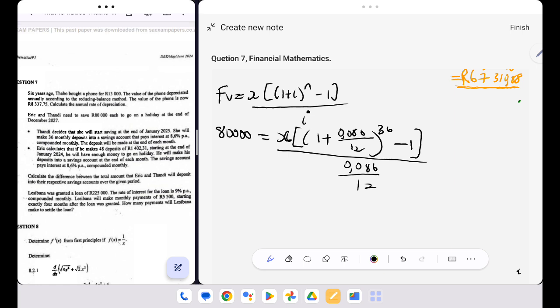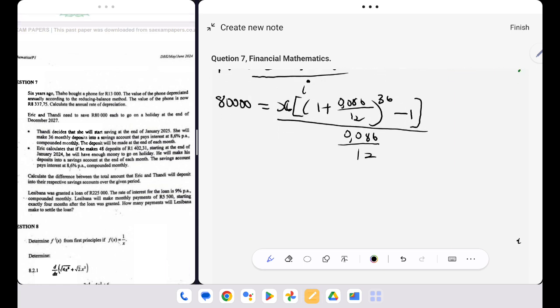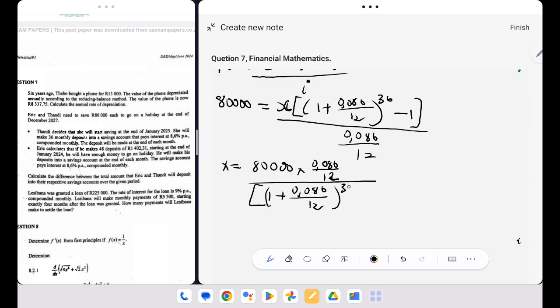For me to find the value of X, I just need to say 80,000 multiplied by 0.086 all divided by 12, all over 1 plus 0.086 all divided by 12 and raised to the power.